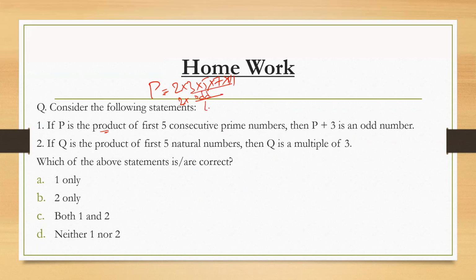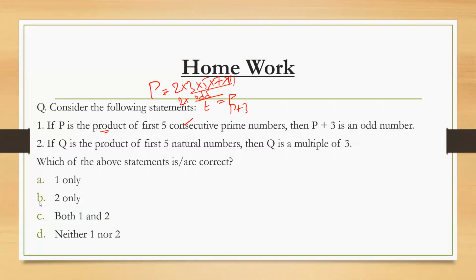So 2 into odd is even. So when it is even, that means if P is even, P plus 3 will be what? Okay, so here this one is the correct statement. P is even, P plus 1 is odd, P plus 2 is again even, so the same logic you will apply. Fine, so here the answer is C.